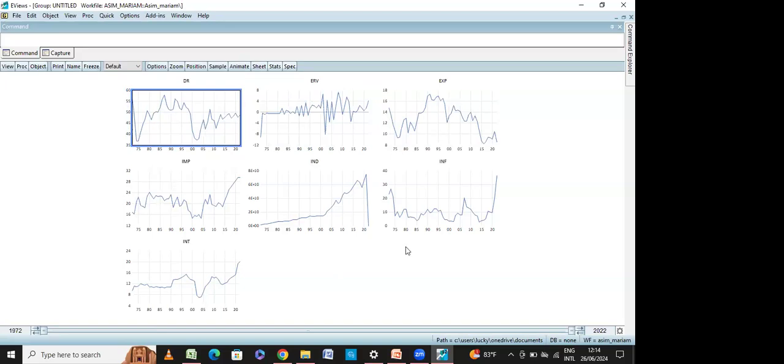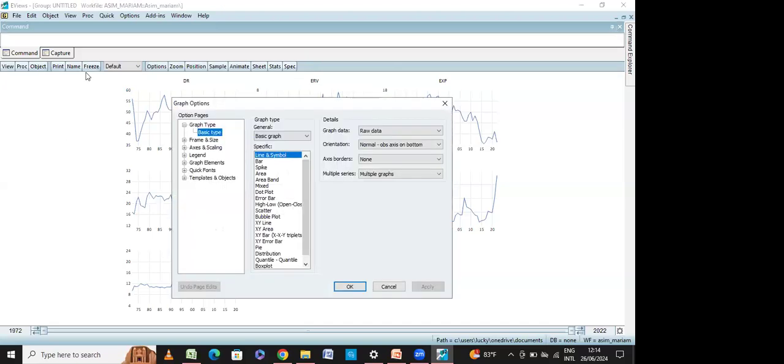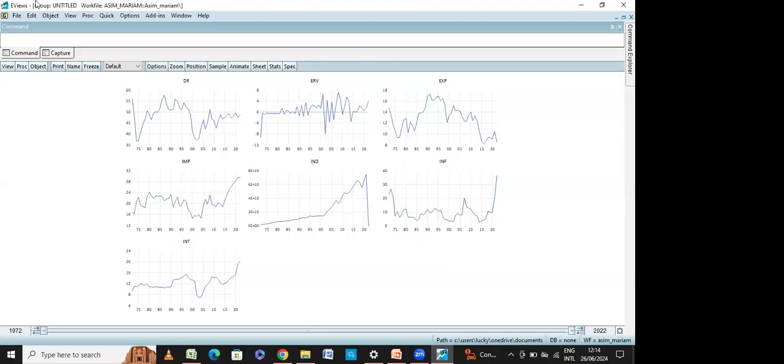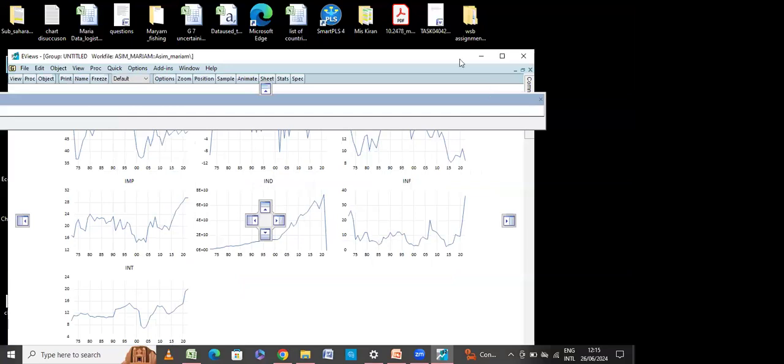So that's how I can see all my variables. If you want to see all the variables in a single graph, we can also do that. I am going to show you how in a while.